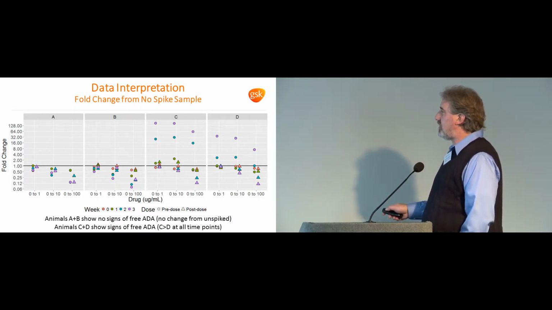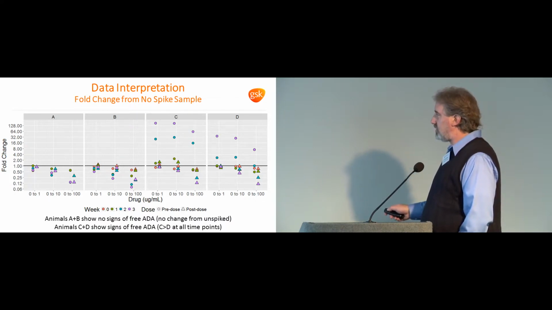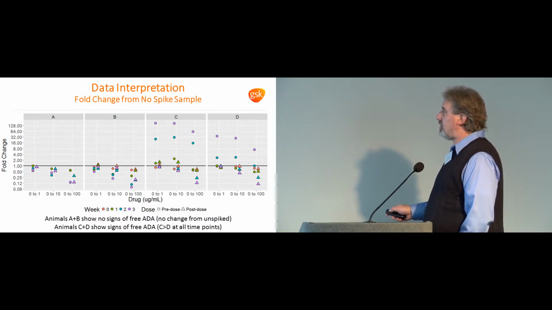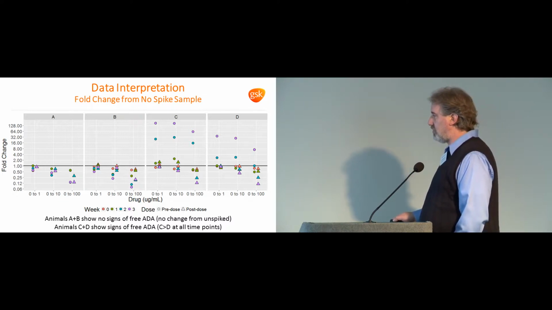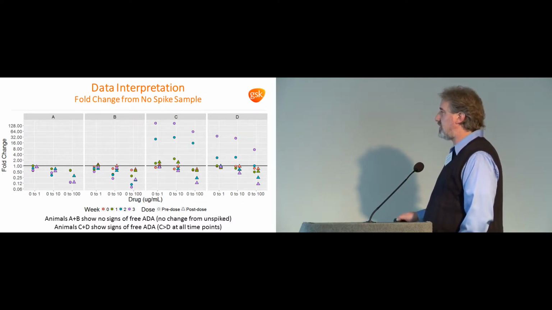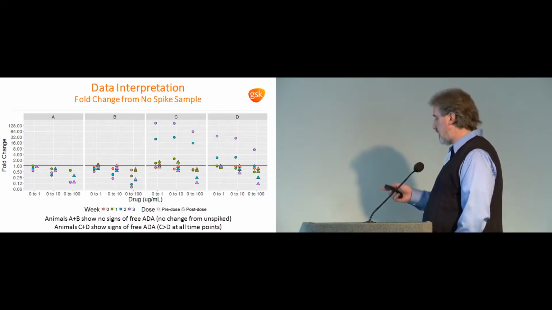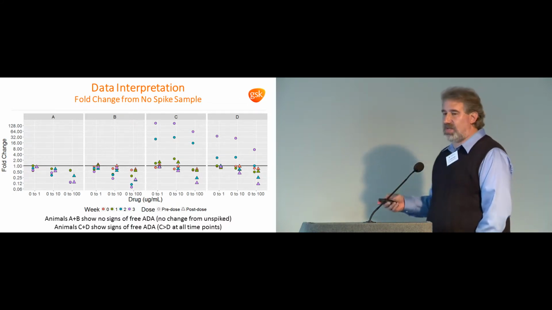But we could see by week 3, animal D is practically caught up to animal C. So if we were looking at week 3 only, we may not be able to draw any conclusions. Week 2, we might be able to say that there's a difference between these two responses. And even at week 1, we saw that animal C had higher than normal levels compared to the other animals in that group. And again, it's just another way that we can visualize the data.